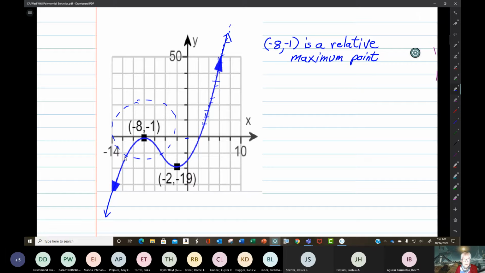Every other place around it is lower. So -1, the y coordinate, -1 is the relative maximum value.